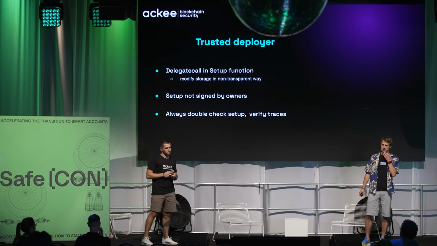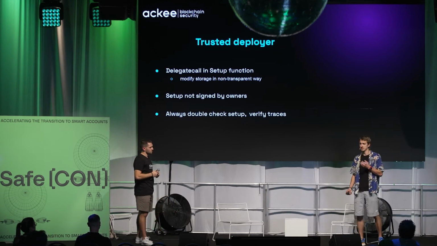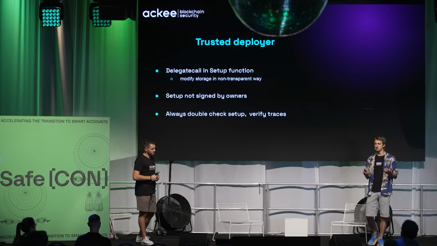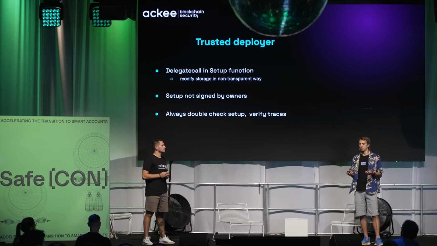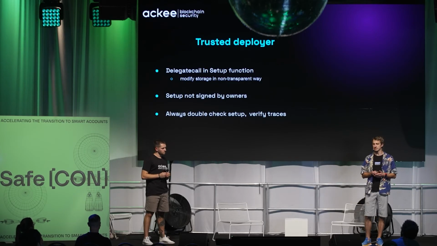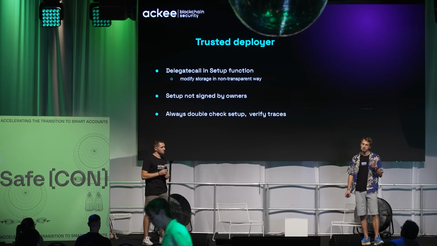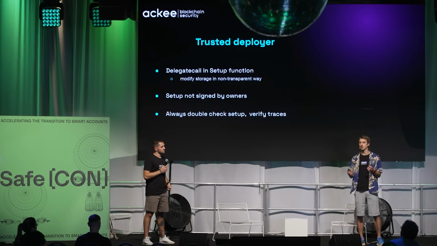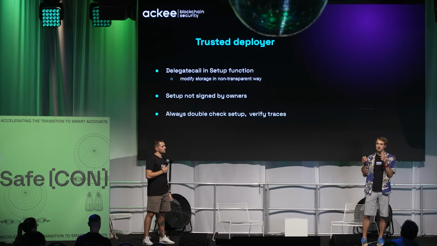So another advice is that as Safe is getting more and more popular, third-party deployers will pop up, and that's problematic in a way. So Safe uses singletons. That means that each Safe contract is deployed once, and you have just your own proxy, which points to the singleton.